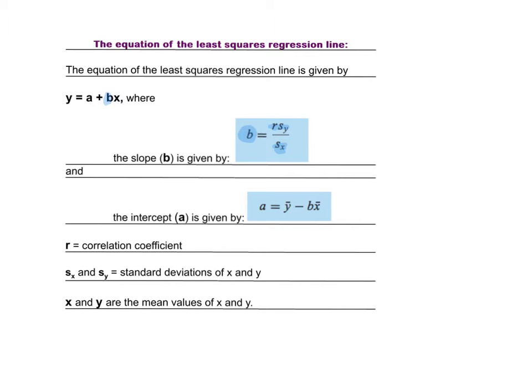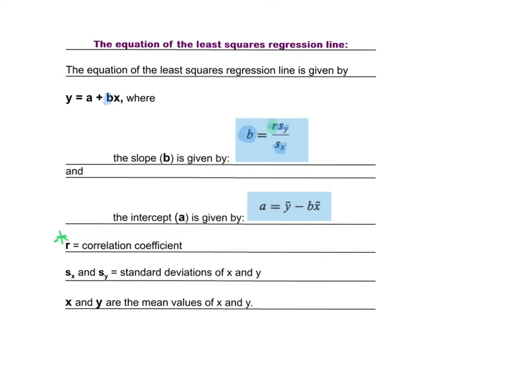Sometimes you're not given the lists, the way we've been getting lists of data. Sometimes you're given these other values instead. R is the correlation coefficient, which is what you're used to. So if they tell you the correlation coefficient is a certain value, you're getting given the R bit.